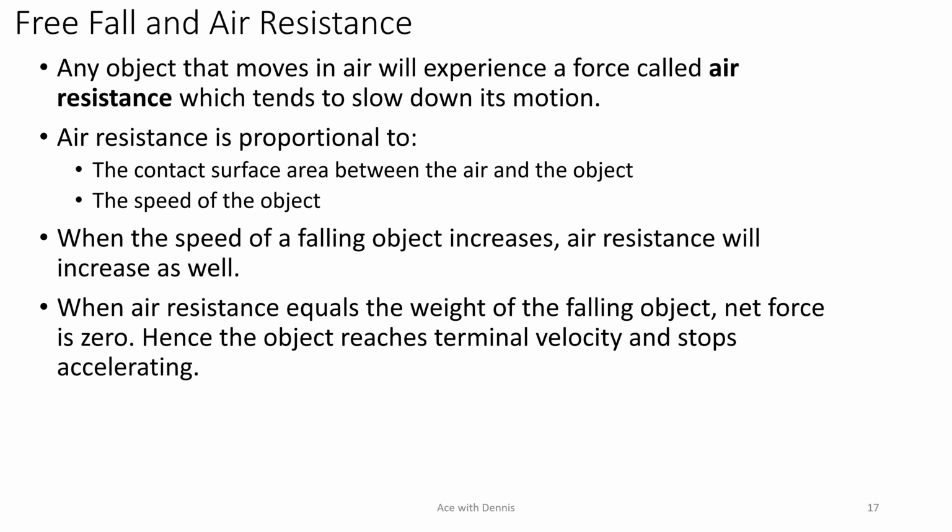When air resistance equals the weight of the falling object, net force is zero. Hence, the object reaches terminal velocity and stops accelerating. This slide will discuss how air resistance changes will change the acceleration of a falling object.